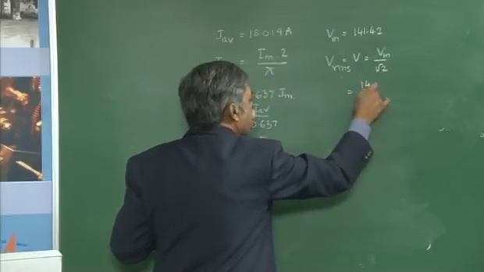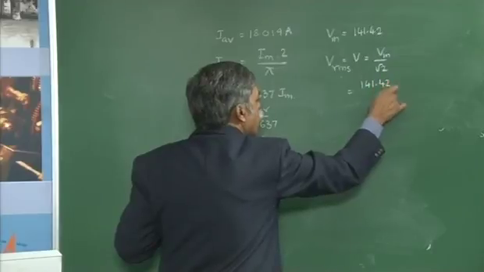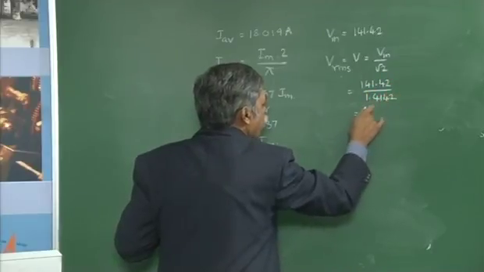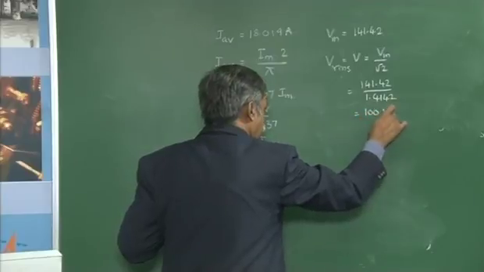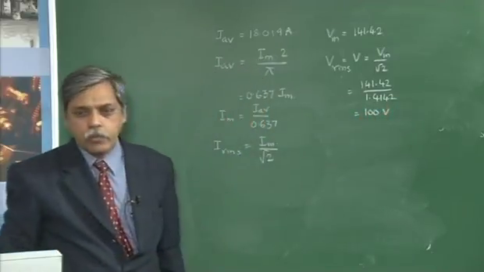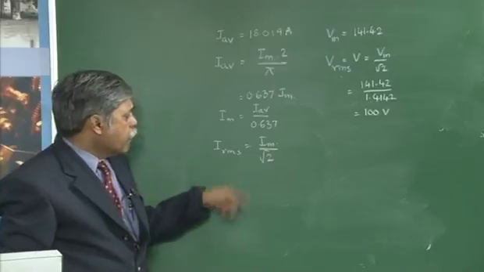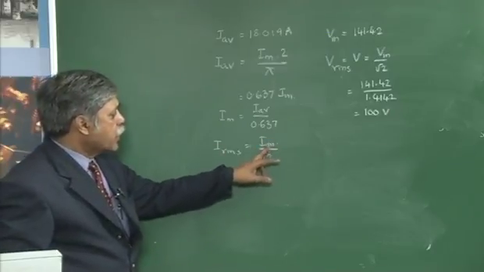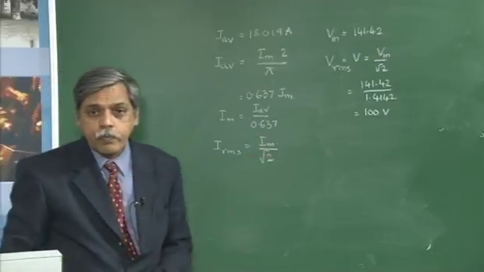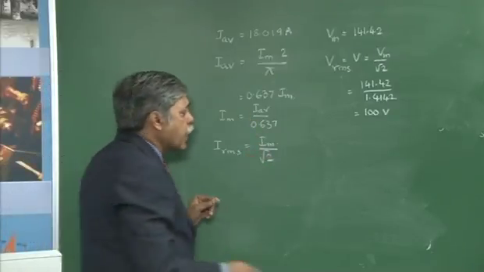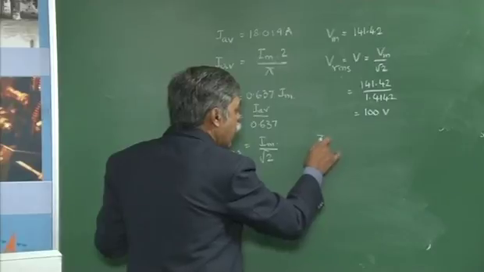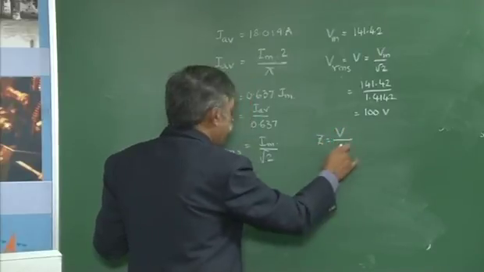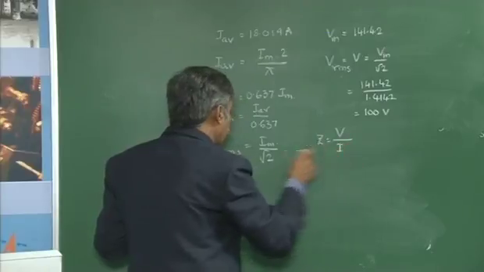So it is 141.42 divided by 1.4142. This will give you exactly 100 volts as the RMS value. Now RMS value of the current also we can calculate by dividing the maximum value by root 2. Now to calculate the impedance, I should write impedance is equal to RMS value of the voltage divided by RMS value of the current.